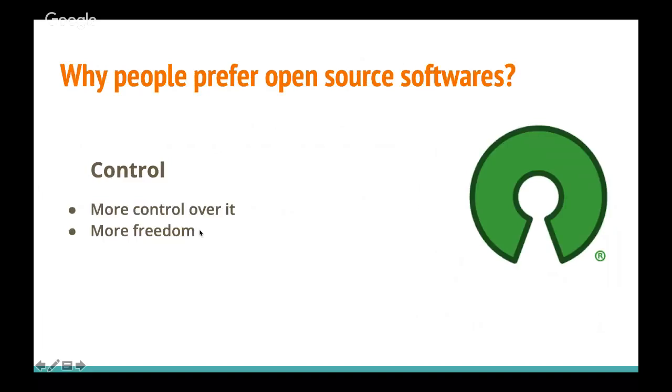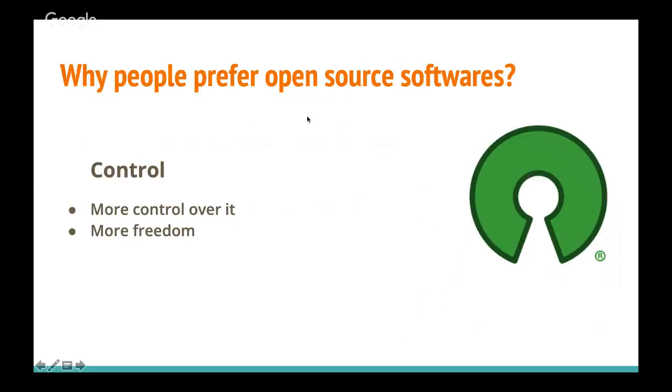And then the next topic is why people prefer open source software. I'm going to introduce the advantages of open source software. The first one is control, more control over it. Programmers can examine the code to make sure it's not doing anything they don't want it to do, and they can change any parts of it if they don't like it.